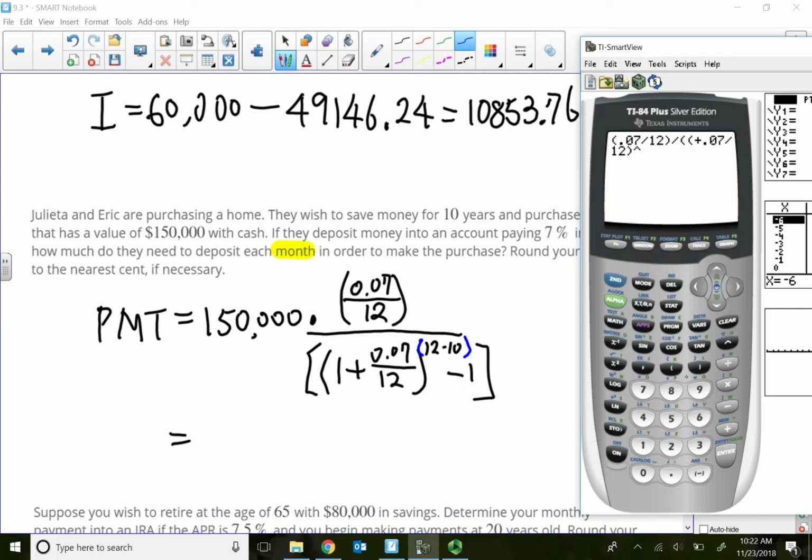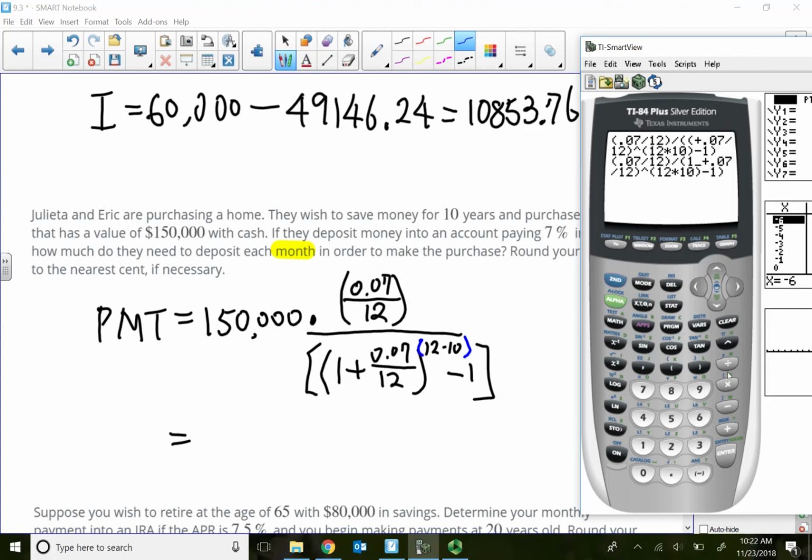So I'm going to open my blue parenthesis, 12 times 10, close the blue parenthesis, minus 1, and then make sure we close the brackets. What did I type in wrong? Oh, right there. I forgot to put 1 plus right here.